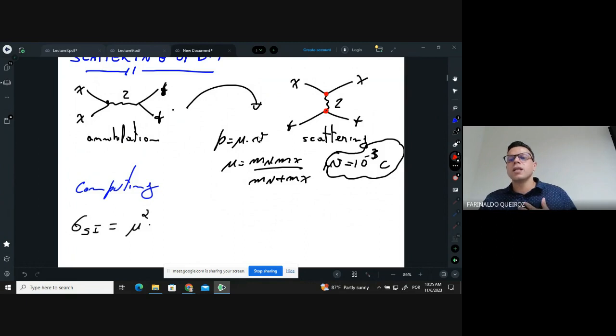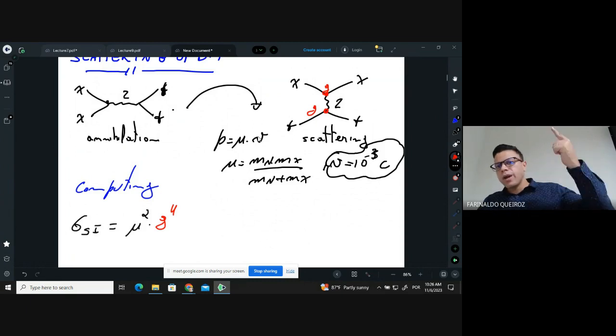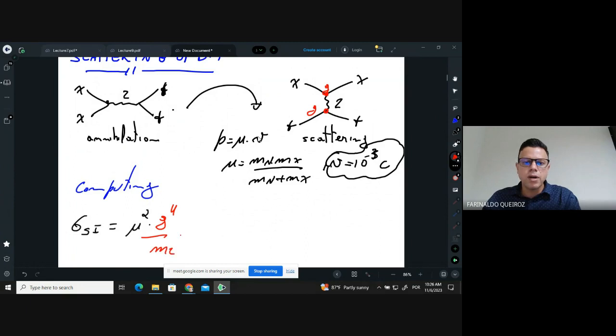I'm assuming that dark matter interacts with the standard model fermions through a Z boson, and that interaction is proportional to g, the SU(2) gauge coupling. So you get a g factor here, a g factor here, g squared. But then when you square the amplitude, you get g to the 4th power. The same for the mediator mass. You get an M squared when you square it, and then you have an MZ to the 4th power.